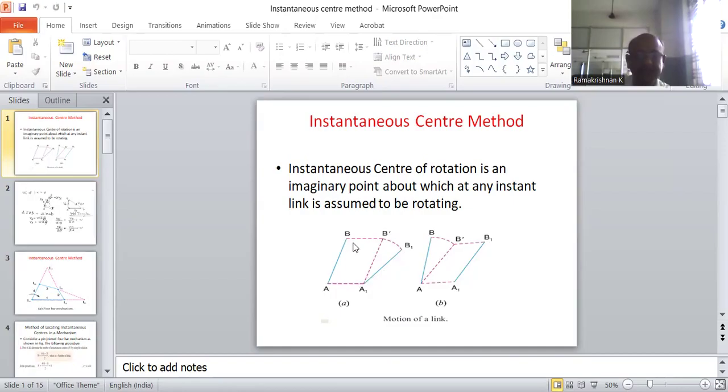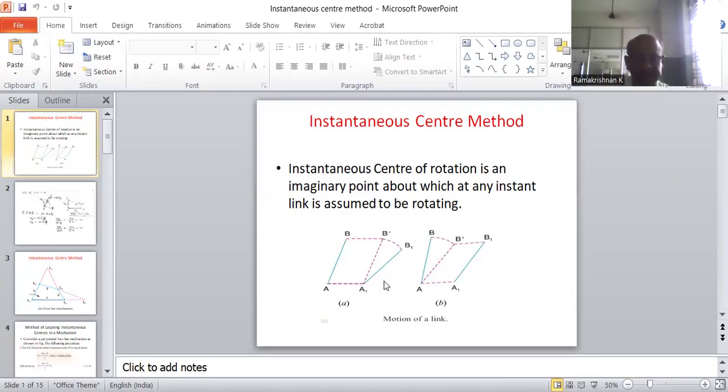The link is rotating about a center called the instantaneous center to attain the final position A1, B1.